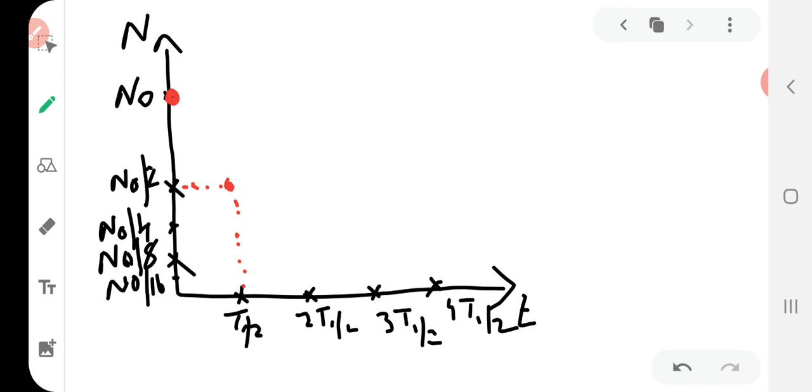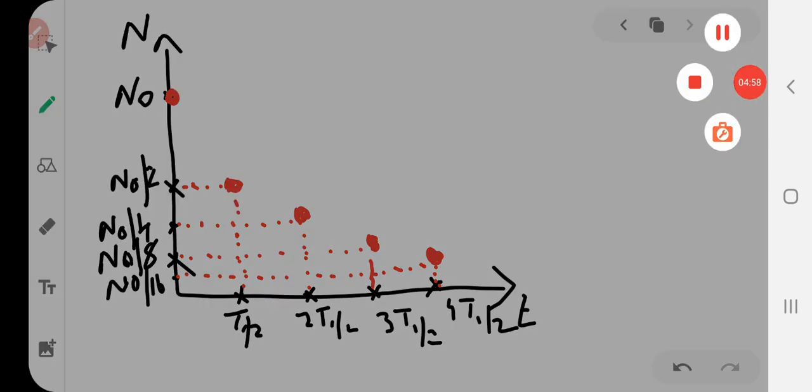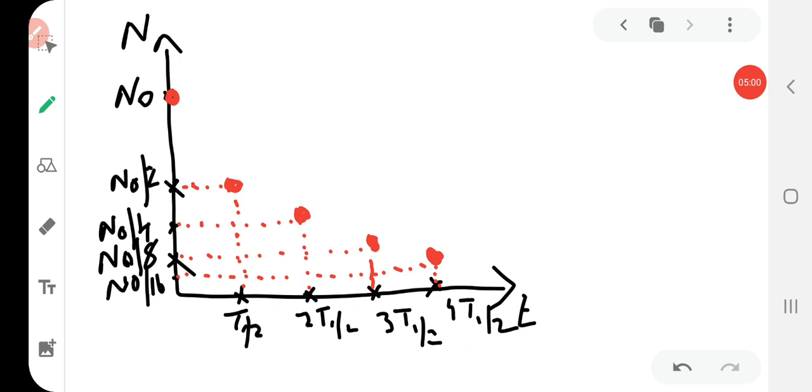And at 2 T half, number of atoms will be N0 by 4. And this will be the number of atoms at 3 T half. And this process repeats. So how can we plot this graph?